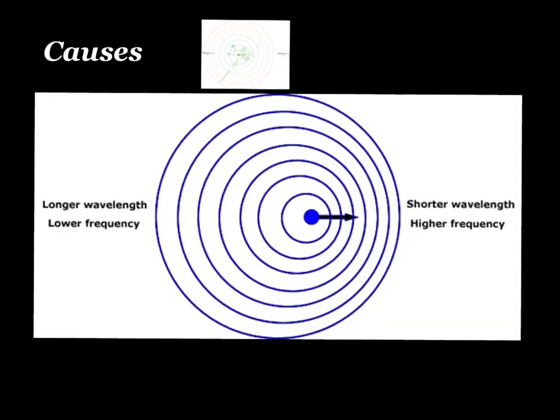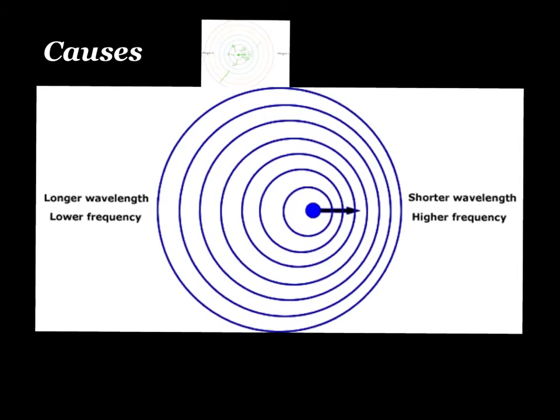As our object is moving to the right, it's piling up the waves a little bit, and so you're having shorter wavelengths. If I were standing right here, and these waves were passing me, I would experience the shorter wavelength, which I would hear as a higher frequency. If I were standing back here, I would experience longer wavelengths and a lower frequency.